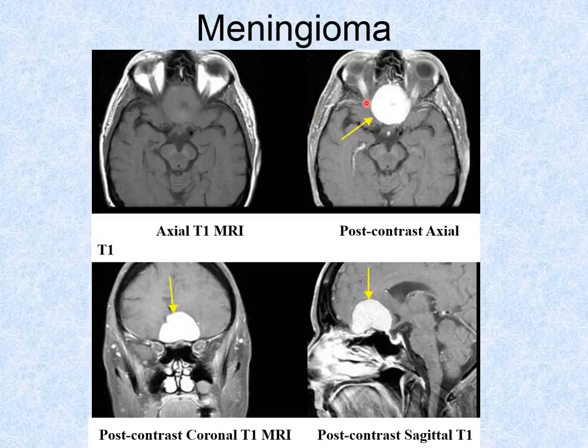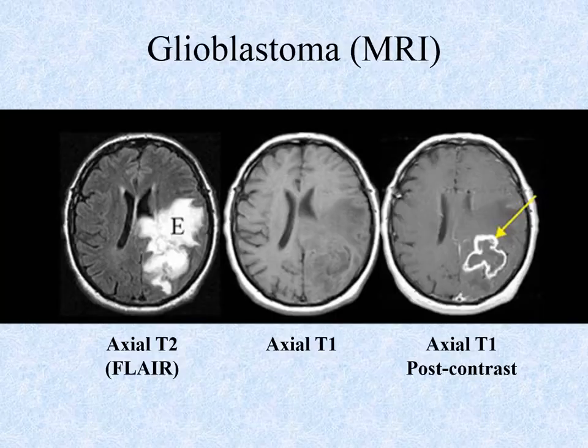But if you look at the post-contrast injected material that will tend to highlight such masses, we see in this contrast material in MRI that you can see the tumor stand out like a sore thumb at the base of the frontal lobe, here and here. This is in a coronal section. This is in a sagittal section. This is in the axial section. So you can see the same abnormality in all of those different structures, in all of those different orientations.